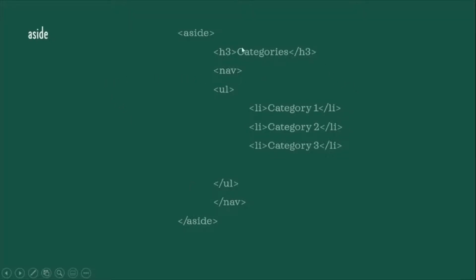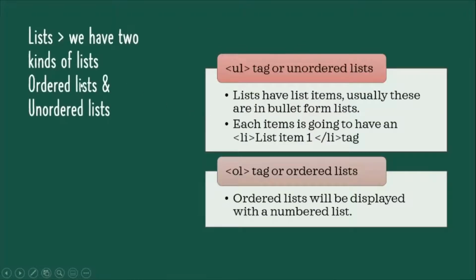Now you would see here in our aside element, we do have the nav element, usually used for website navigation. We have the UL element, which is the child element of the nav element, and in this case, it's an unordered list. When we talk about lists, guys, we have two kinds of lists: ordered list and unordered list. The UL tag, or unordered list, is usually a bullet-form list, and each item is going to have an LI tag, or list item tag.